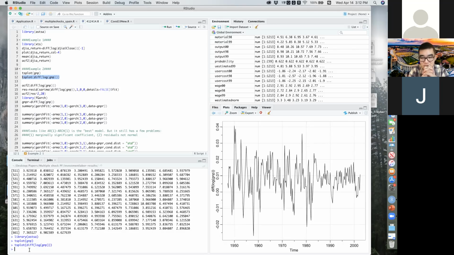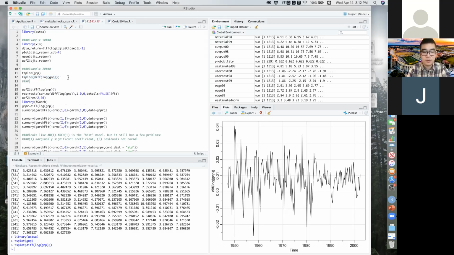It looks like there's still some heteroscedasticity here, so you can maybe consider other types of transformation, but for the illustration purpose of this example, we'll just go with the log transformation. Now we will work on this plot, the diff log GDP.